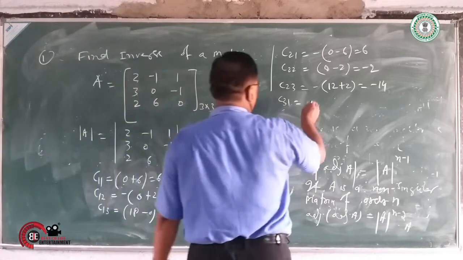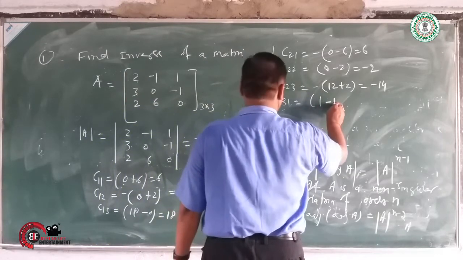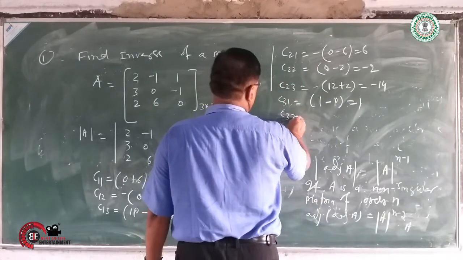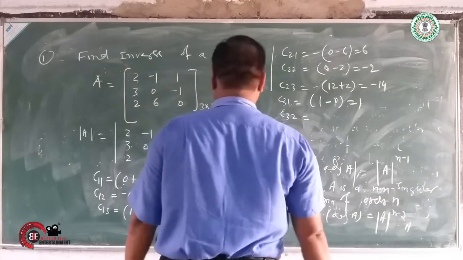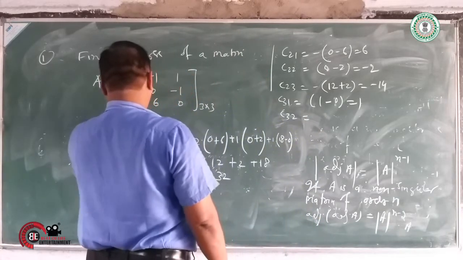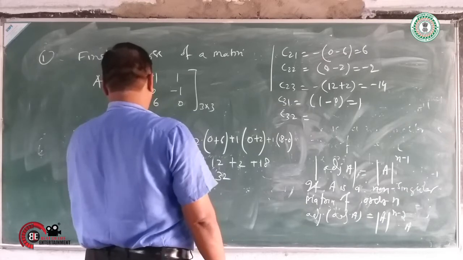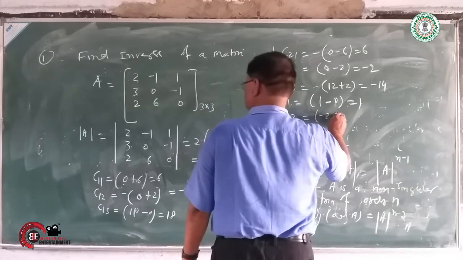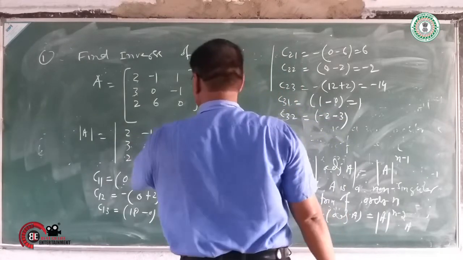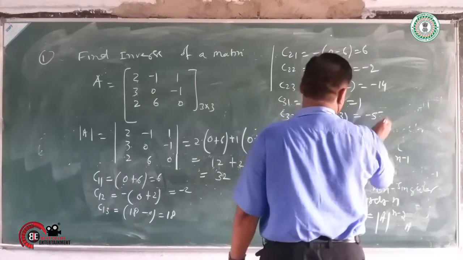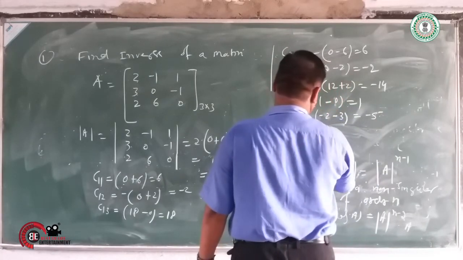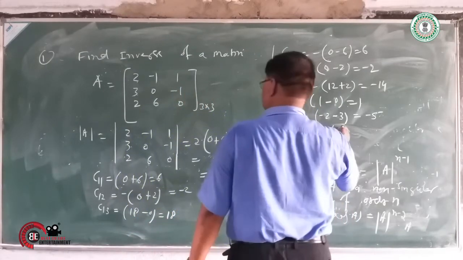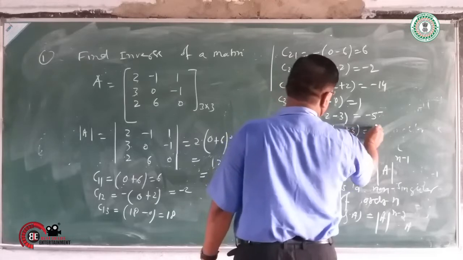C31: 1 minus 0, 1. C32: minus, 2 minus 3, so minus 5. C33: 0 plus 3, so 3.